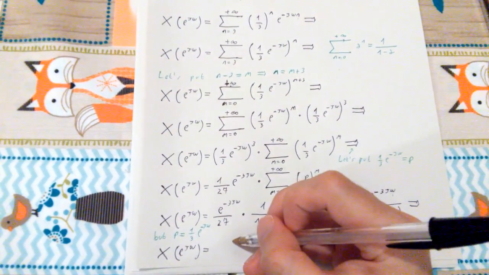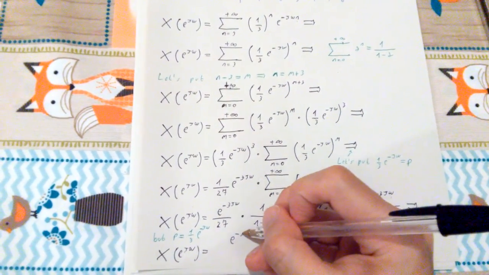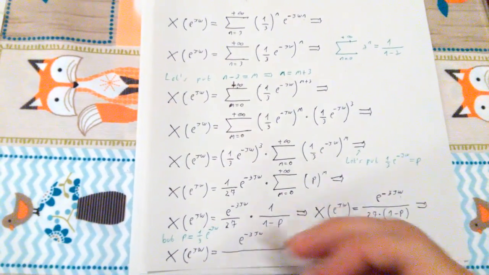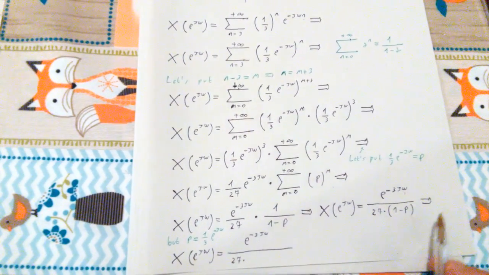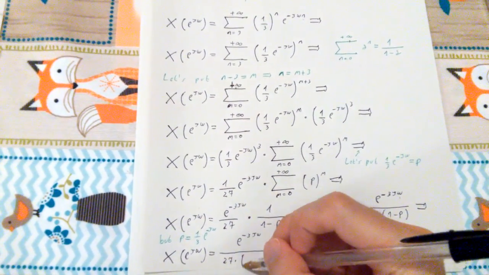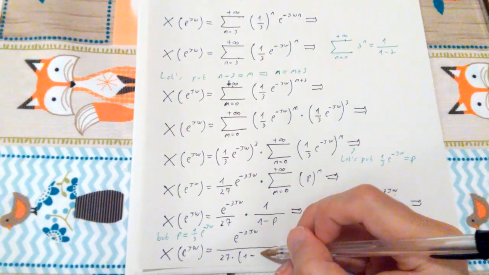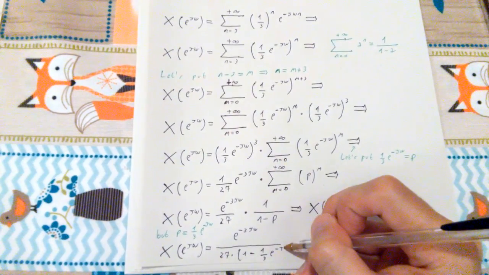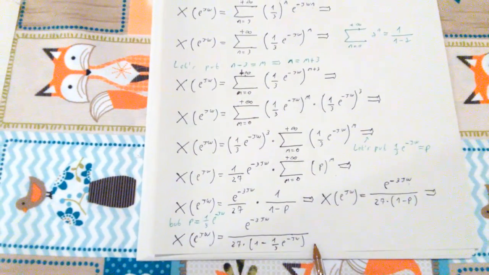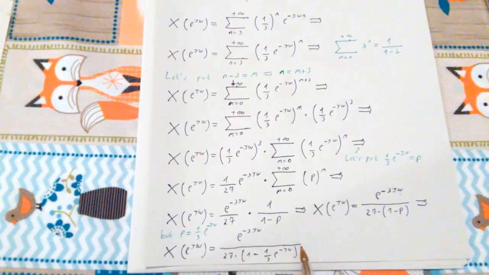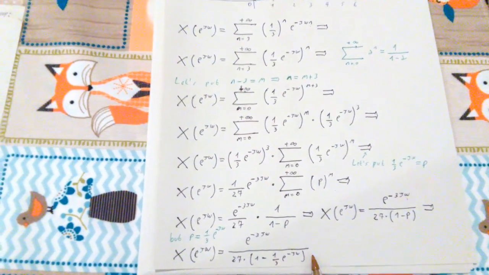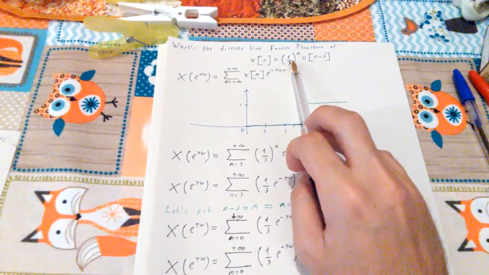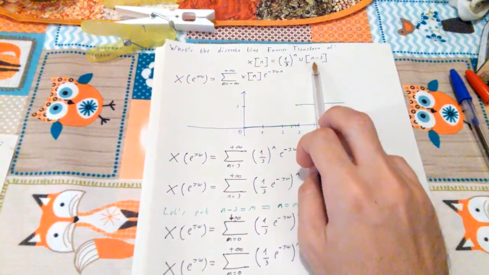We're going to leave alone the numerator, so e to the negative 3 j omega over 27 times 1 minus 1 over 3 e to the negative j omega. And this is our final solution: the discrete time Fourier transform of x of n equal to 1 over 3 to the n u of n minus 3.